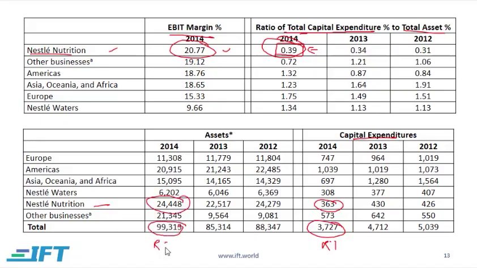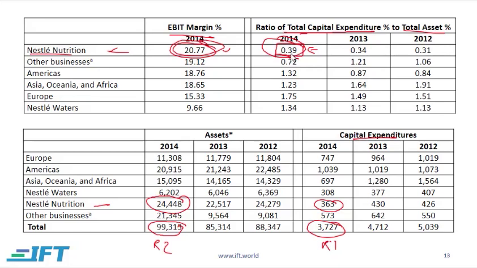So that's ratio 2. And then 0.39 will be ratio 1 divided by ratio 2. So we come up with 0.39, which is a low number. The immediate concern is that the division that seems to have the highest margin is being allocated a relatively low percentage of capital, which seems counterintuitive. So the analyst is concerned.